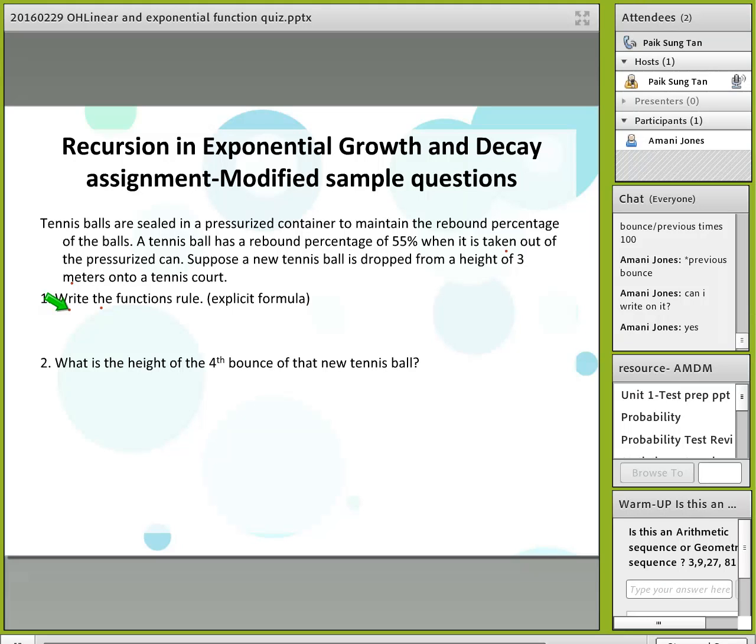So we need our explicit formula, and we know the r that we have is the rate, 55% or 0.55, right? Okay. Would you like to try to write the function rule? You can write on it.